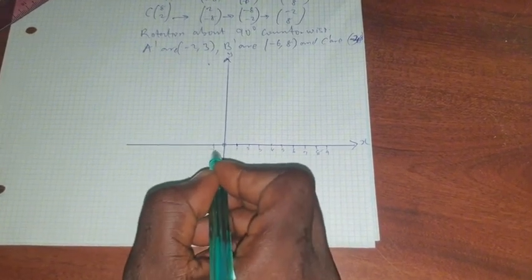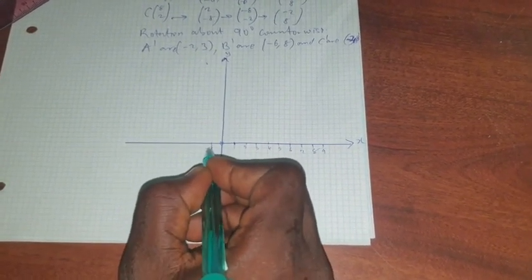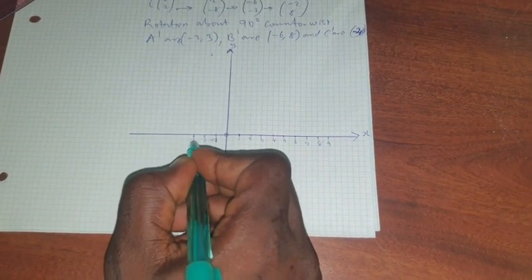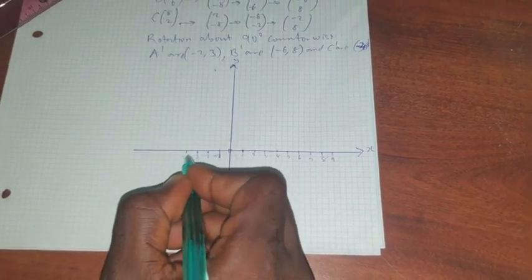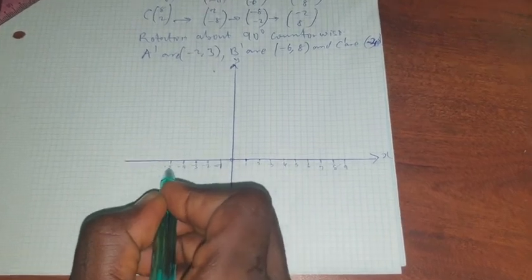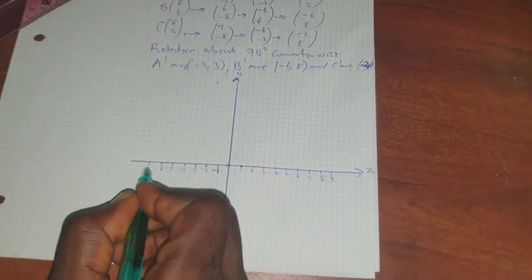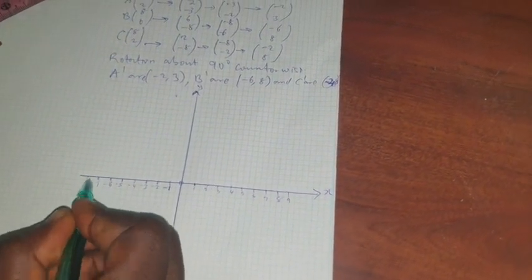This is the origin, then minus 1, minus 2, minus 3, minus 4, minus 5, minus 6, minus 7, minus 8.